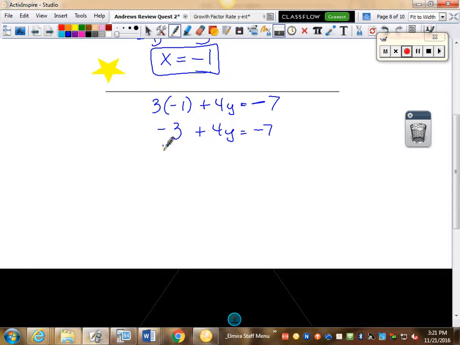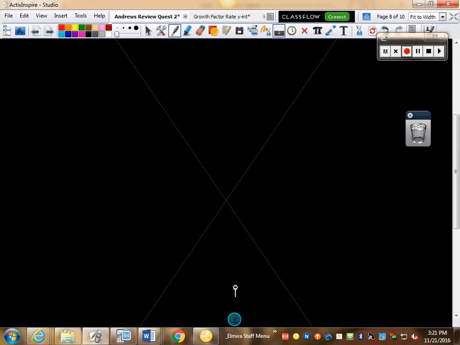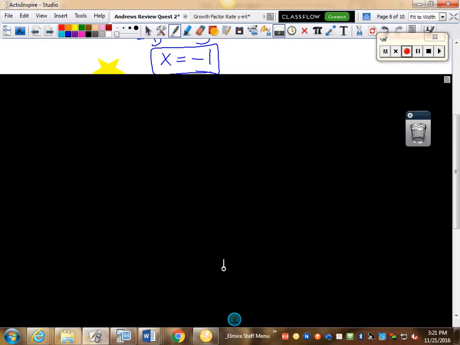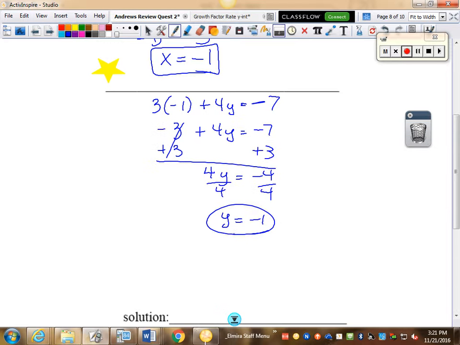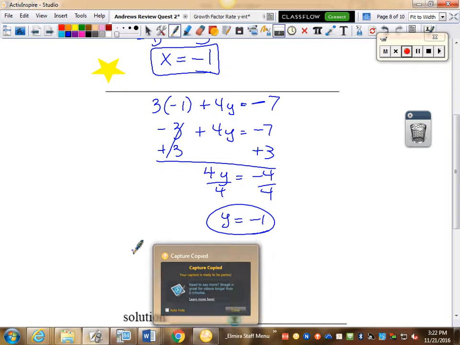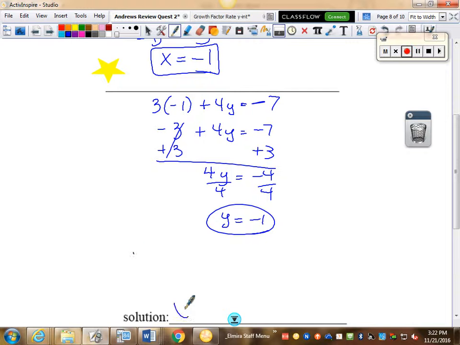And we got a basic two-step. Add 3 to both sides. Divide by 4. And y equals negative 1. Oh, come back. Okay, so our solution would be x equals negative 1, y equals negative 1, and we can write it as a coordinate pair as (-1, -1).